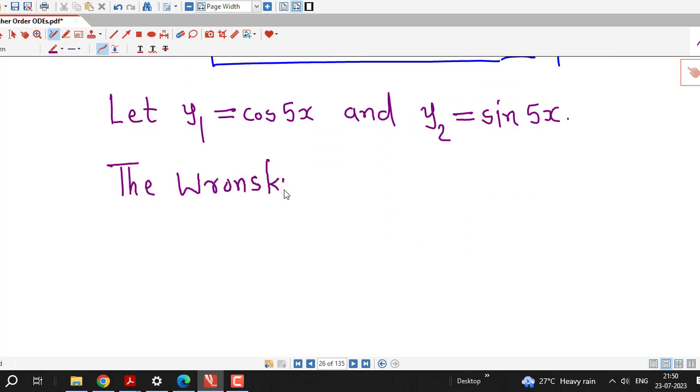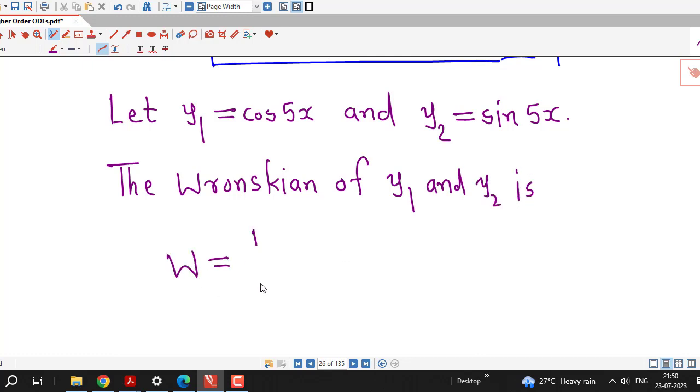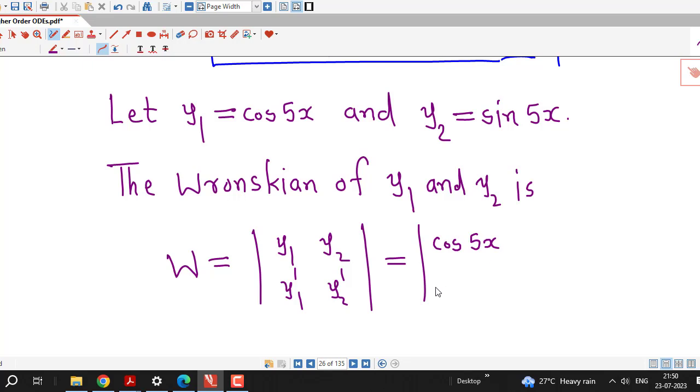The Wronskian is the determinant of these two functions and is defined as the determinant with first row y1, y2 and second row their derivatives y1 dash, y2 dash. y1 is cos 5x, and the derivative of cos 5x is minus sin 5x into 5. y2 is sin 5x, and the derivative of sin is cos, and into 5, the derivative of 5x, which is 5.